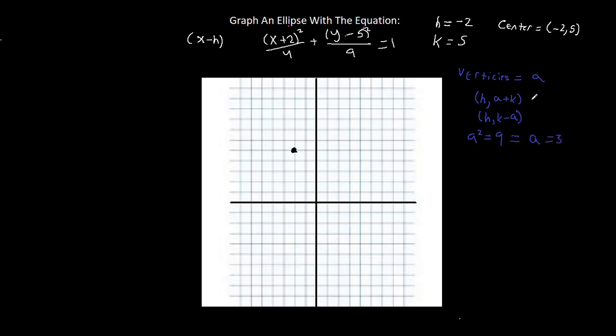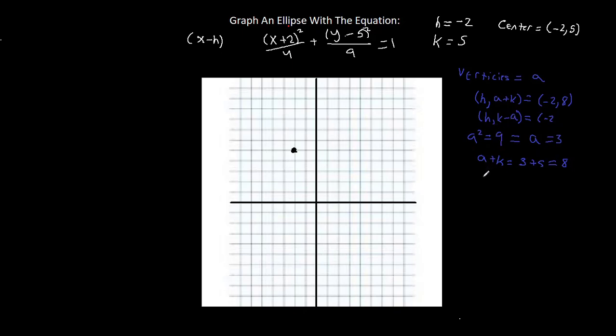So if we go back up here, k plus a is going to be 3 plus 5, which is equal to 8. So this vertex is going to be -2, 8. And then we know that this one is going to be -2, and then k minus a.